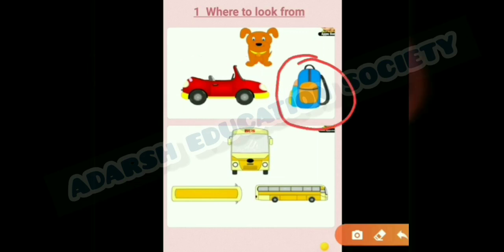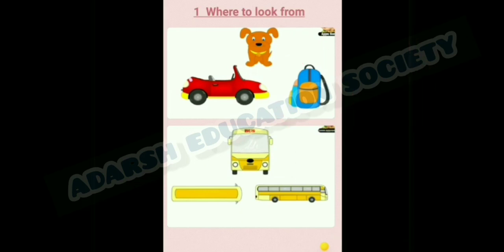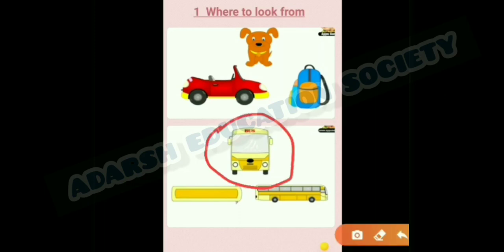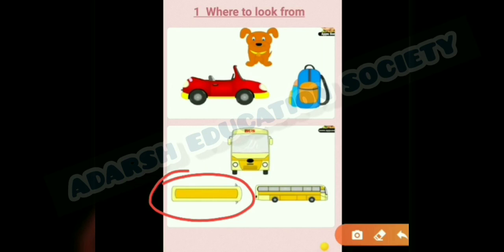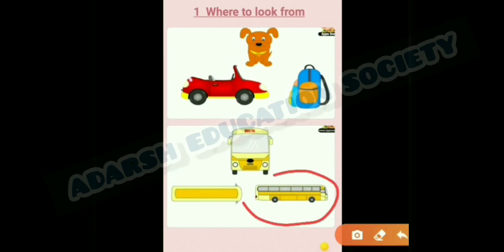Next, this is the side view of bag. Now look at the next picture, bus. The first picture is the front view of bus. In the second picture, this is the top view of bus, and the last one is the side view of bus.